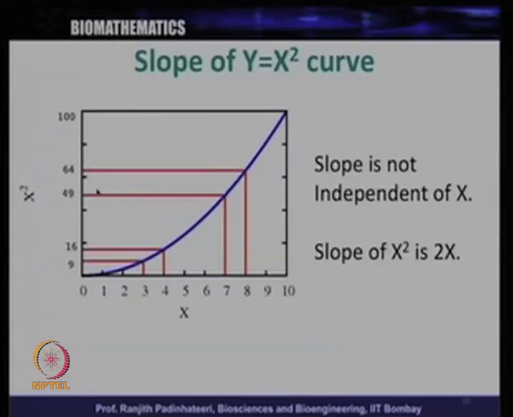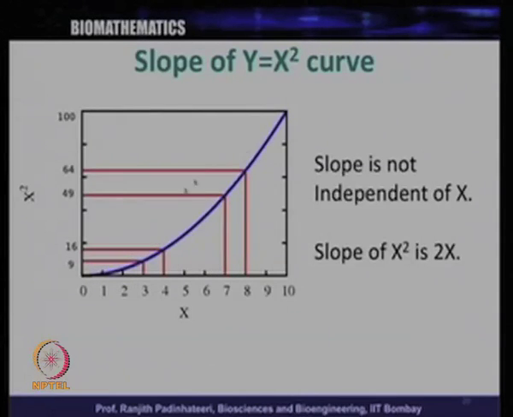When we took the x value between 3 and 4, we got the corresponding y values between 9 and 16. When we took the x values between 7 and 8, we got 49 and 64, which is a difference of 15. So, what we should learn here is that the slope of this y equal to x square curve varies as we go along the x axis. The slope here is small compared to the slope here.